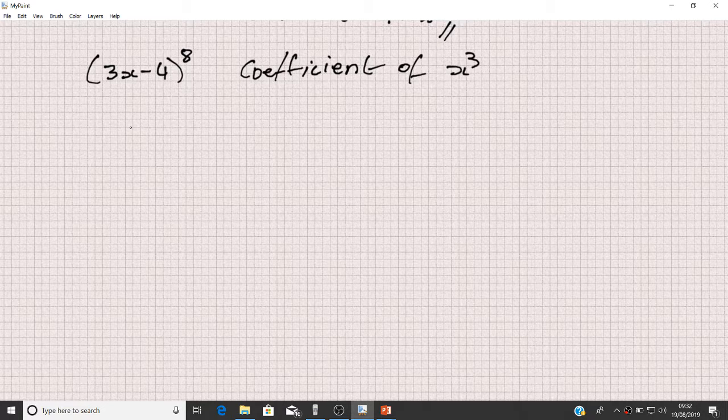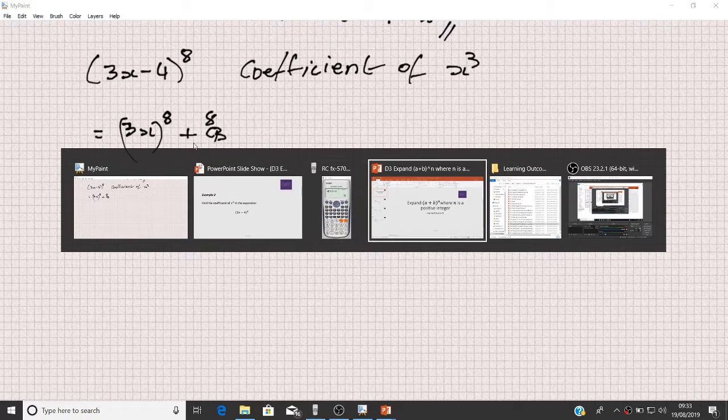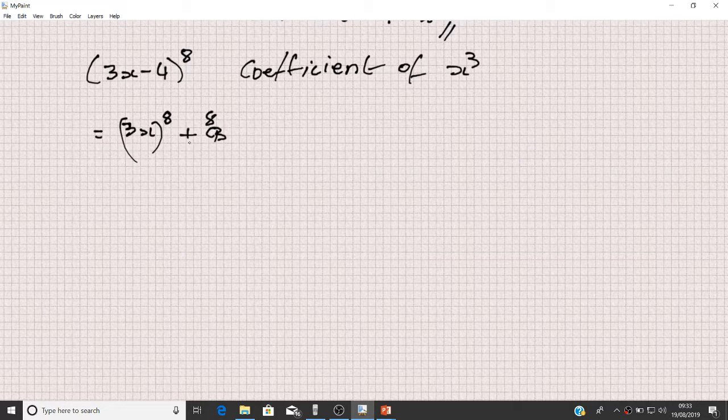Okay, so we could start by applying the formula. You don't need to simplify these terms, just going to identify where the x cubed term is. 3x to the power 7 and negative 4 to the power 1.